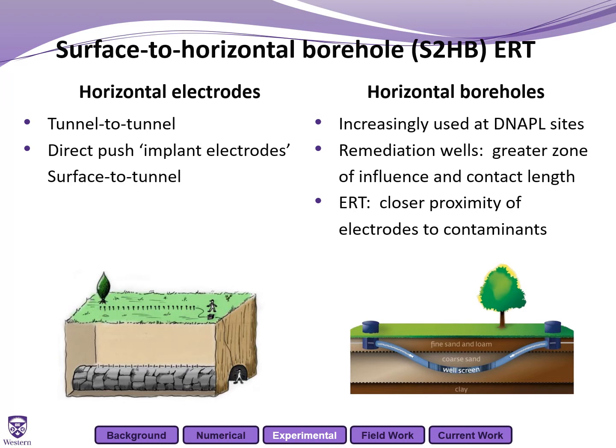And this is exactly what we always like to achieve with ERT, is to get the ERT electrodes as close as possible to the target, in this case the DNAPL source zone. So again, these nicely go hand in hand.